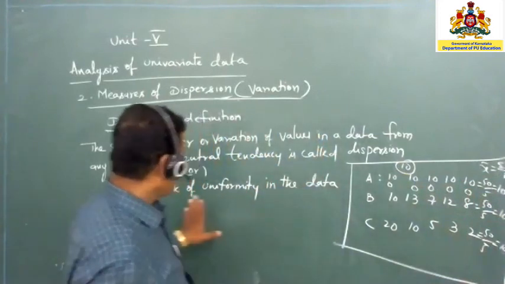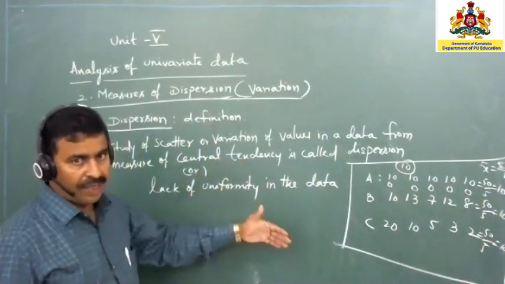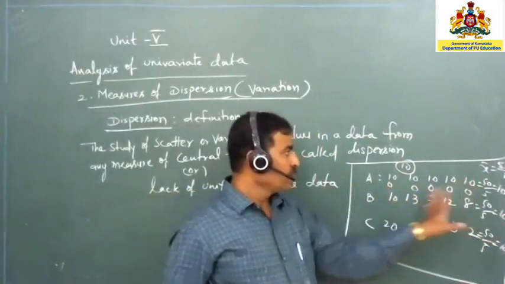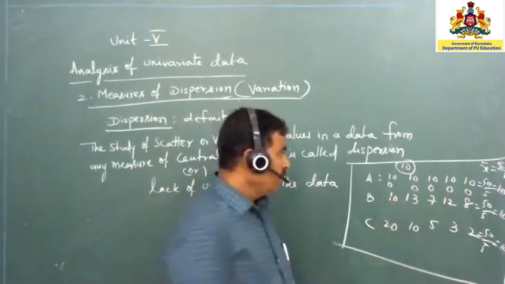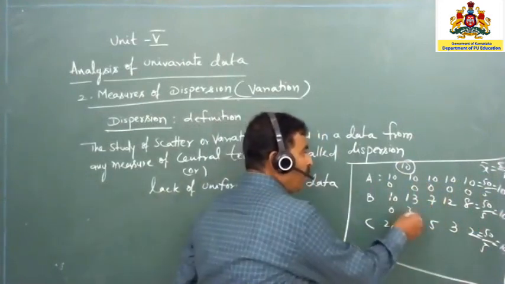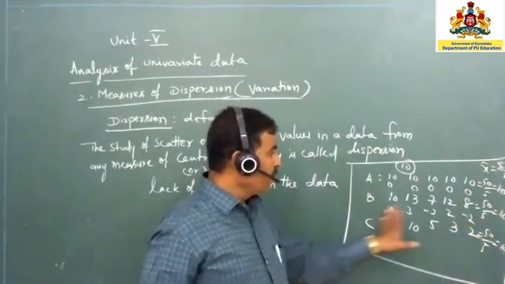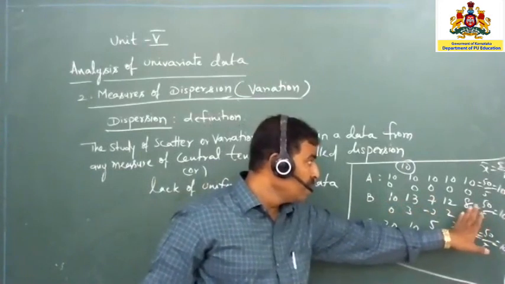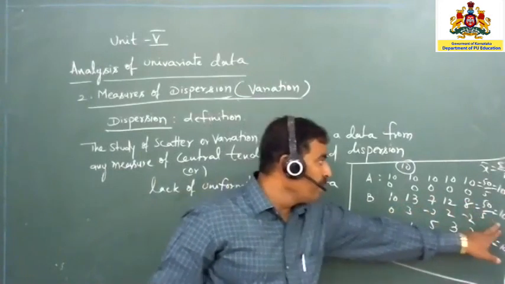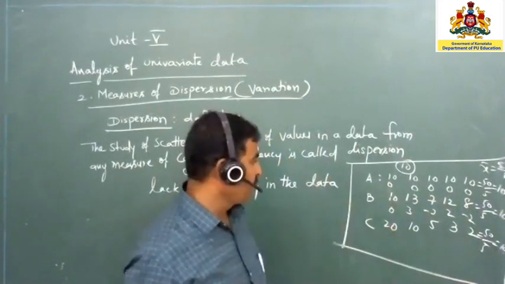So all the values are equal. There is lack of uniformity here. If uniformity is not there, there is some variation in the data. Here all the values are equal, so dispersion is 0. Here the differences are 0, plus 3, minus 3, plus 2, minus 2 like this. So deviation is there between the central tendency and observations.